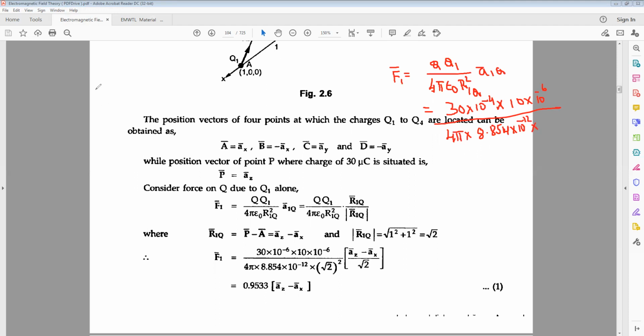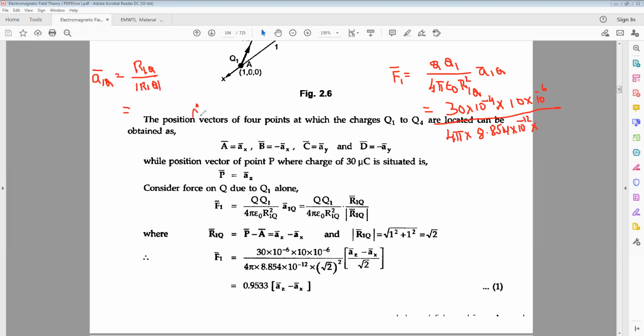Before that R1 square, you can find out the unit vector A1Q bar, which is the vector form of R1Q divided by the magnitude of R1. What is the vector form of R1Q? Here the A bar and the AZ.